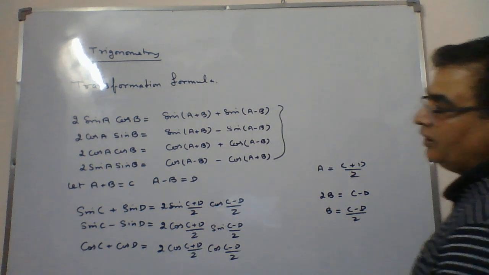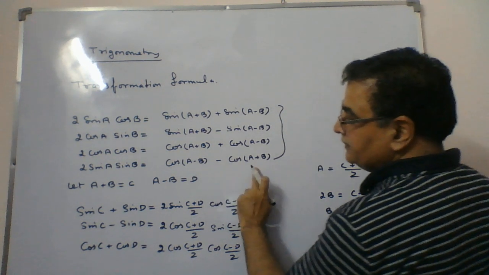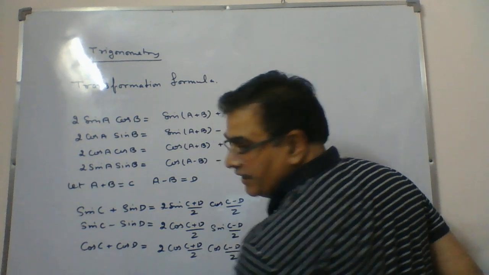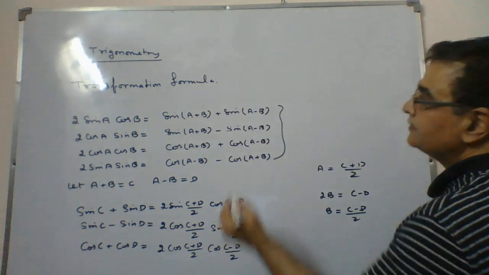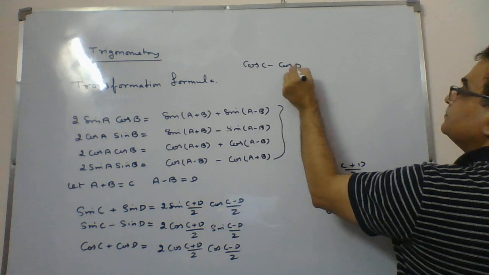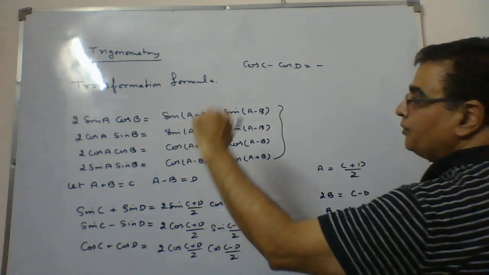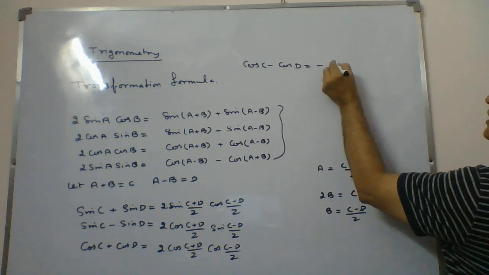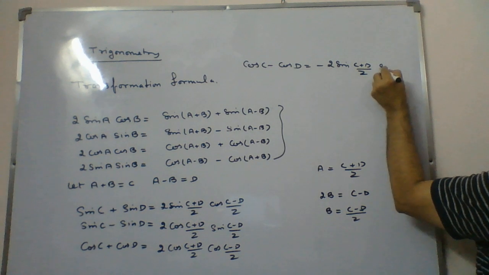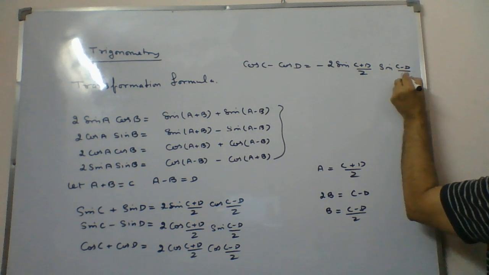And then last formula is cos C minus cos D. I'll create minus sign this side, so it will come minus 2 sine C plus D by 2 sine C minus D by 2.